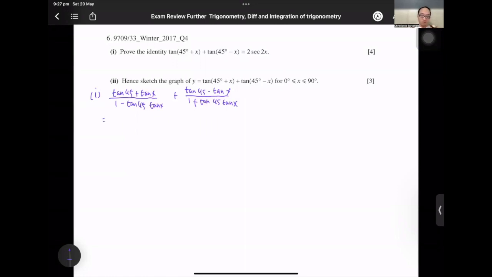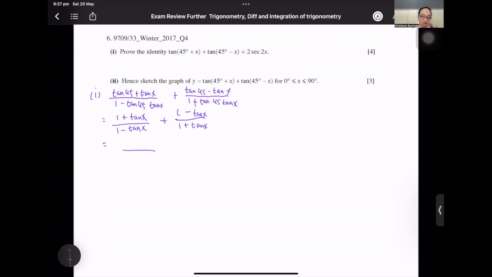So it will equal, tangent 45 is 1, so 1 plus tangent x over 1 minus tangent x, plus 1 minus tangent x over 1 plus tangent x.